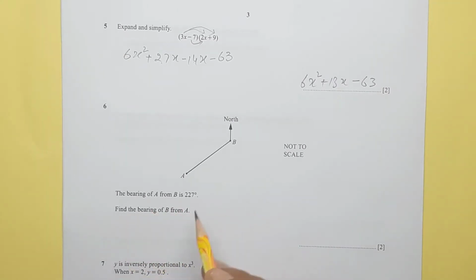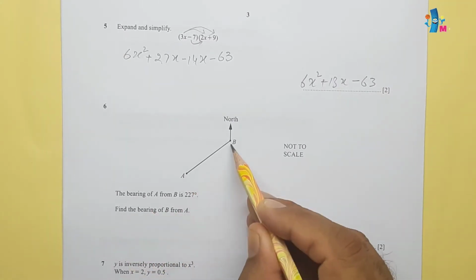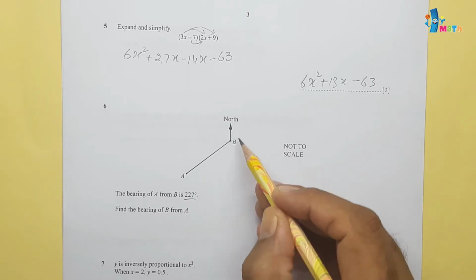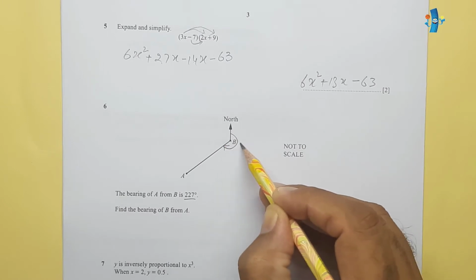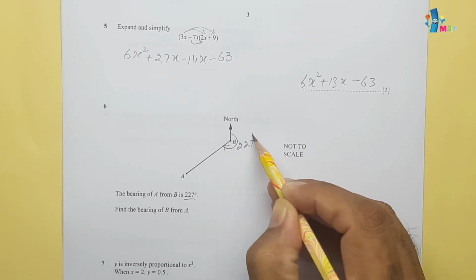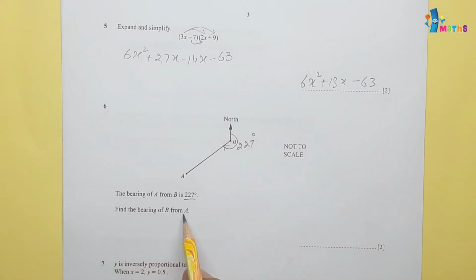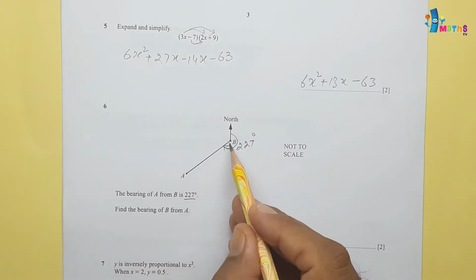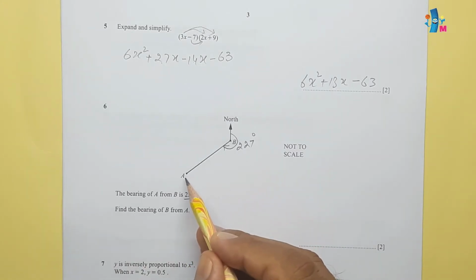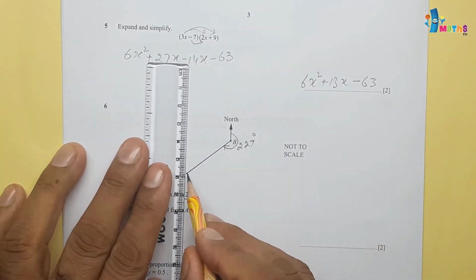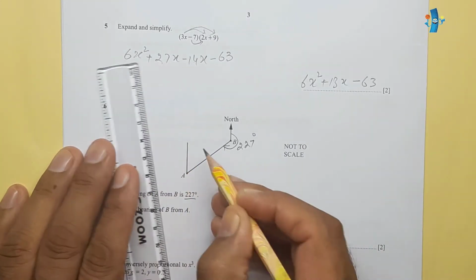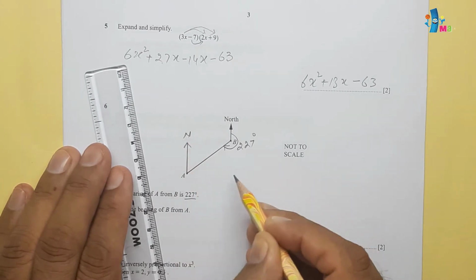Then question number 6. The bearing of A from B is 227 degrees, and find the bearing of B from A. So we can draw north here.